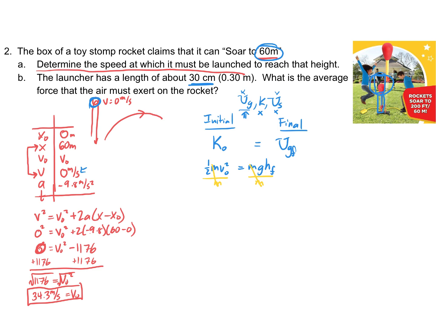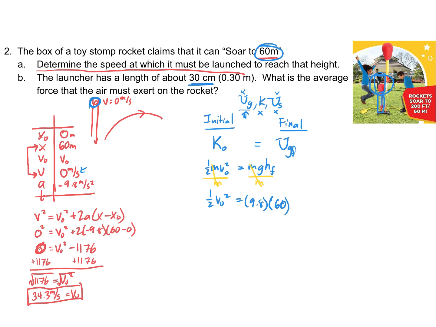So we're left with, on the left side, one half times v naught squared. That's what we're solving for. And on the right side, I've got g, which is 9.8, not negative 9.8. Please remember that 9.8 is the acceleration of gravity, but it's not a vector, so we don't need the negative. And then we'll put in the height, which is 60 meters, at the very end.